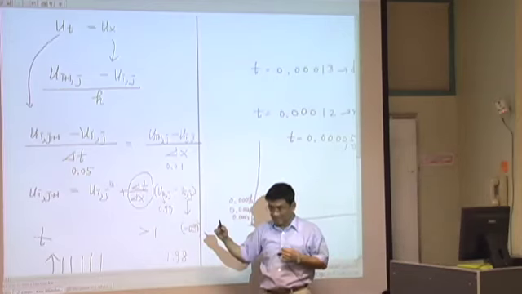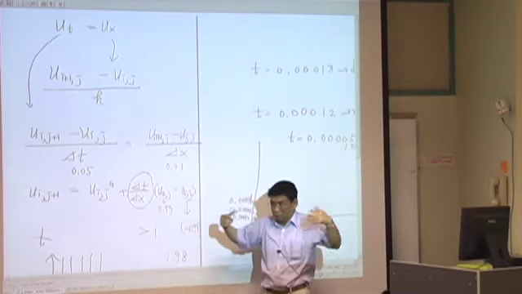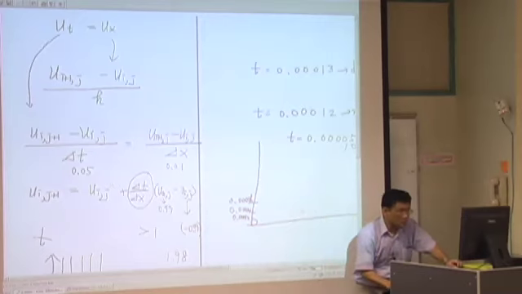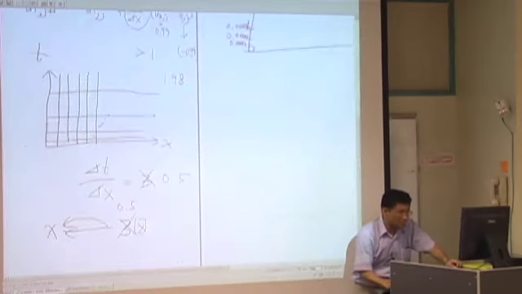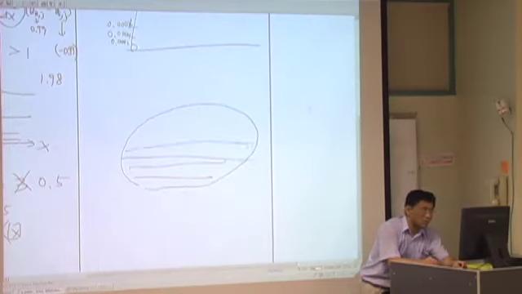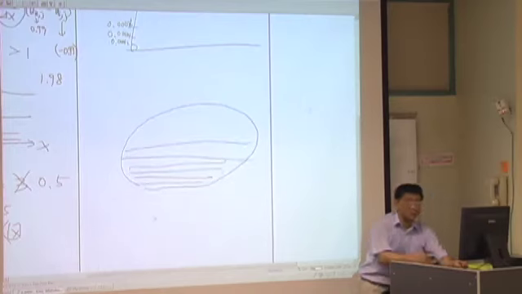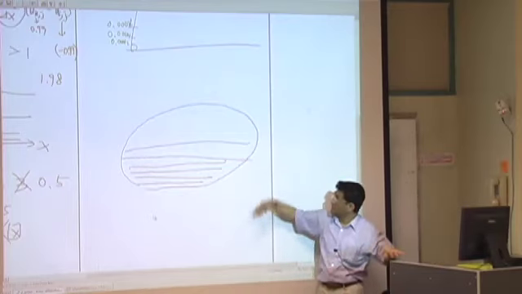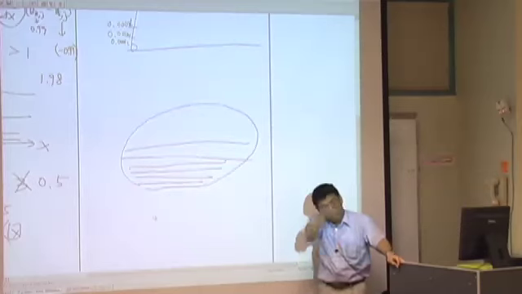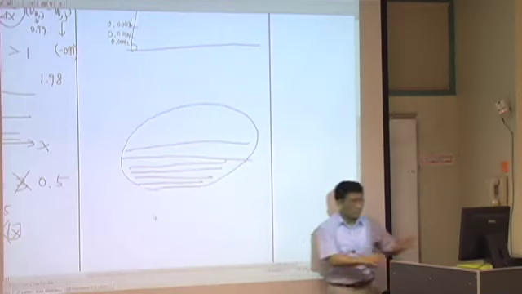When I design, I can break up the domain as I want, right? So I have a domain like this, then I may break up the domain this way or in a refined way. It's up to me to decide this kind of distance in the x direction. So I may slice any way I want in the time direction or in the spatial variable direction.